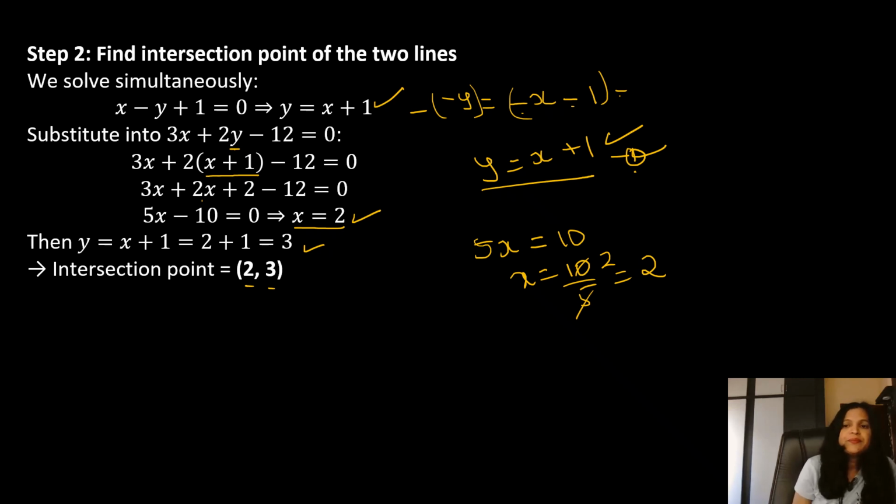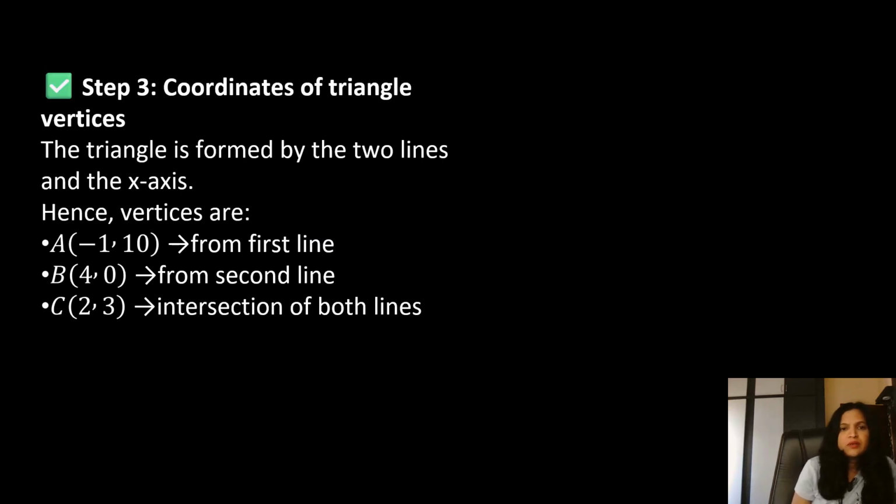We can draw the coordinates of the triangle. The triangle is formed by the two lines and the x-axis. Hence, the vertices are A equal to minus 1 comma 10, that is from the first line, B equal to 4 comma 0 from the second line. No, it is not 10, it is 0.